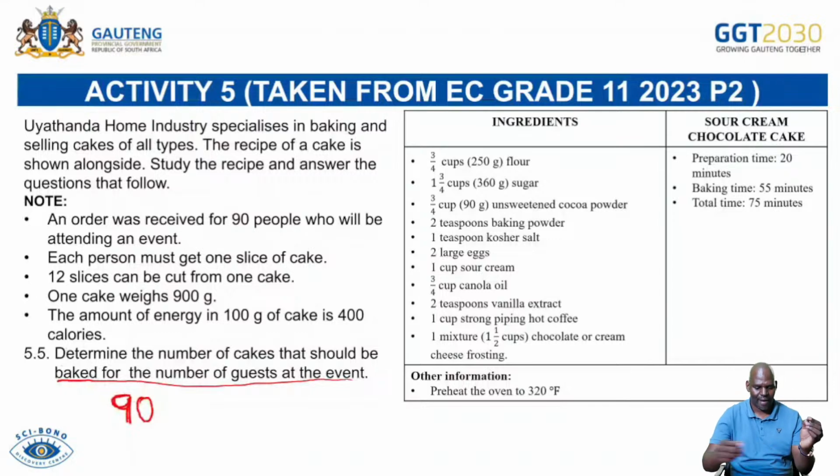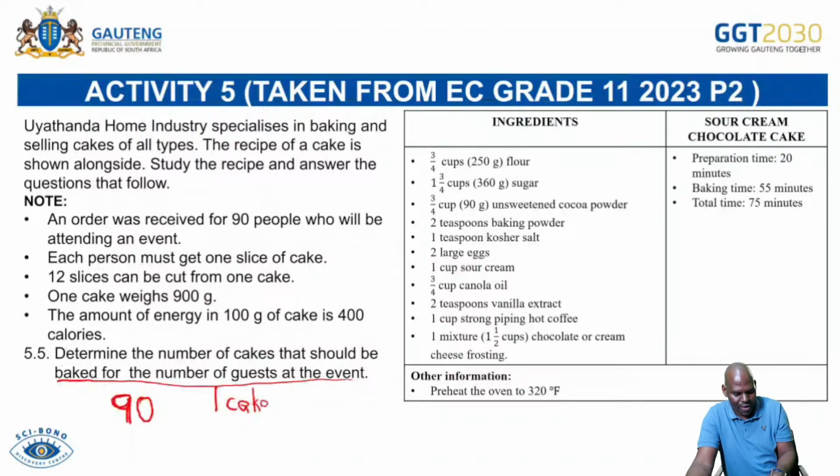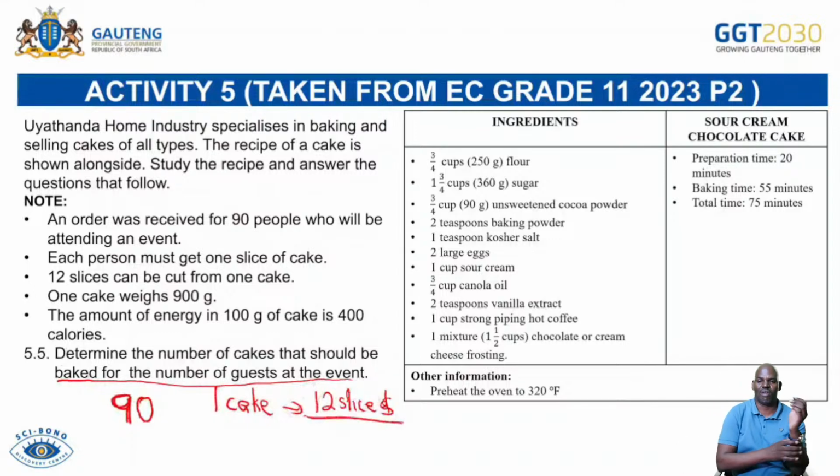And then remember, one cake will give us 12 slices. Now, but we've got 90 people who are coming.